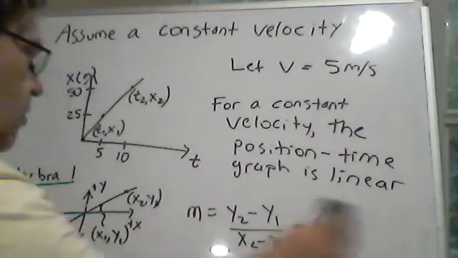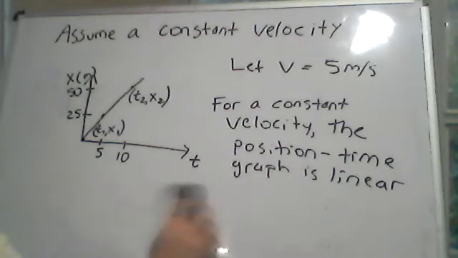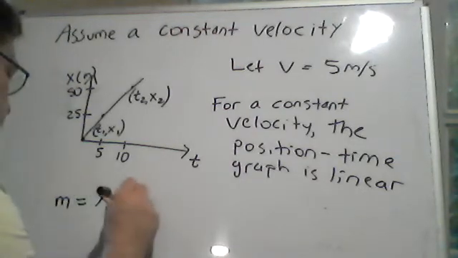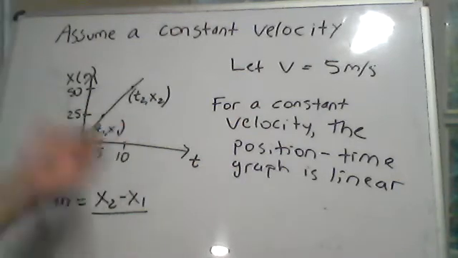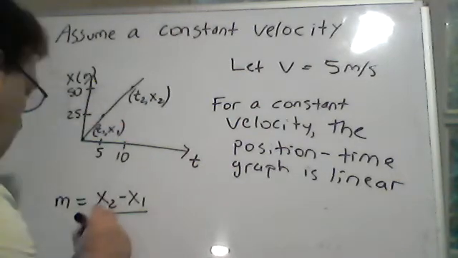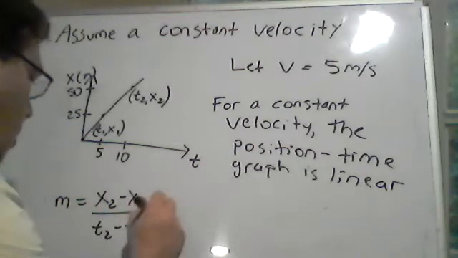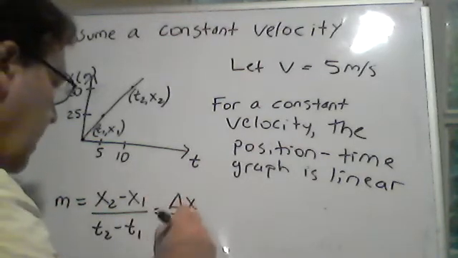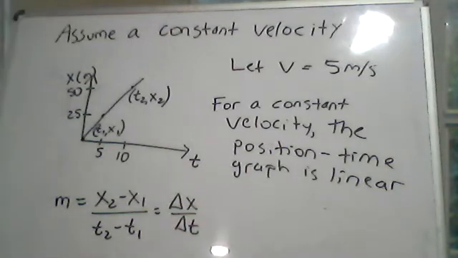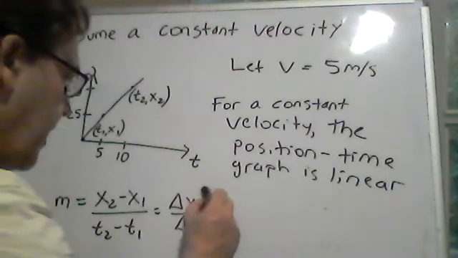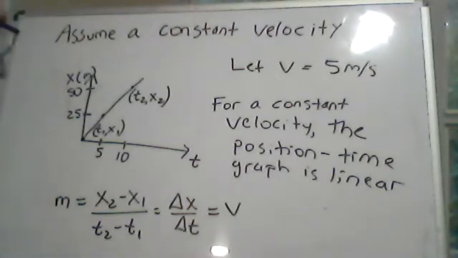I'm going to employ the Algebra 1 concept here and find the slope of this line. I take the change in the vertical coordinate, in this case x2 minus x1, divided by the change in the horizontal component, in this case the time, t2 minus t1, or delta x over delta t. And we know from our definition that this is the velocity. The velocity is the slope of the position-time curve.